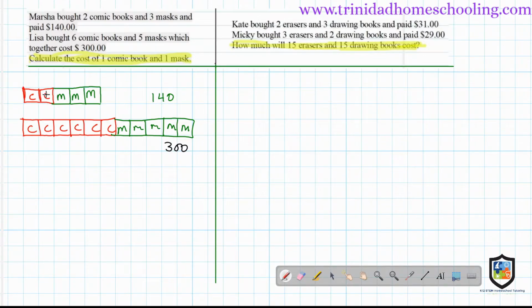We have 1, 2, 3, 4, 5, 6, 7, 8 comic books, and we have 1, 2, 3, 4, 5, 6, 7, 8 masks. So in all we have the same amount of comic books and masks, and what we did, we add Marsha's and Lisa's items together.